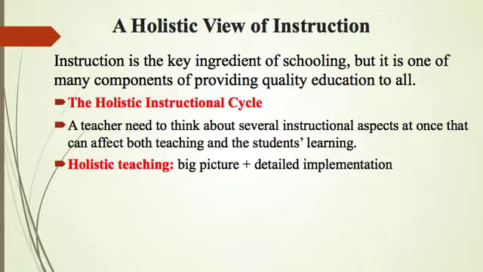These aspects can be student motivation, the content being according to the needs and mental level of the students, or the instructional strategies that a teacher is using being relevant to the students. So holistic teaching is the big picture plus detailed implementation. The big picture is the learner and all the other aspects, and the detailed implementation is the teacher developing lesson plans and objectives, and choosing the instructional strategies or materials. So this is the detailed implementation.